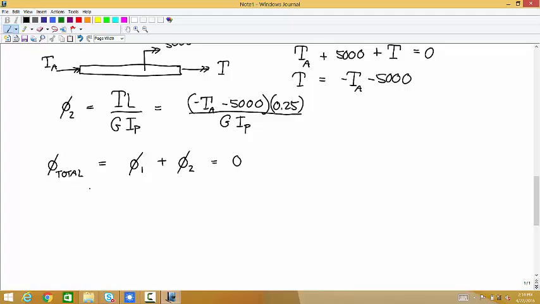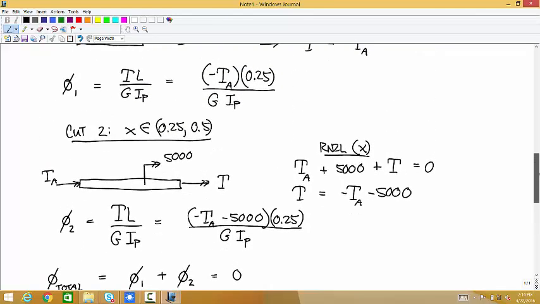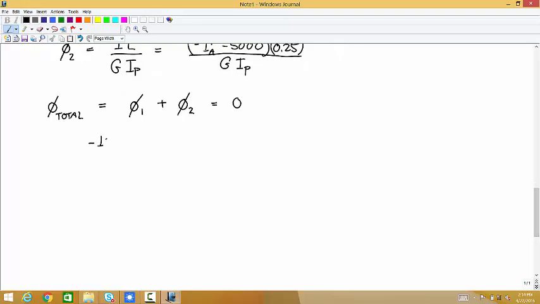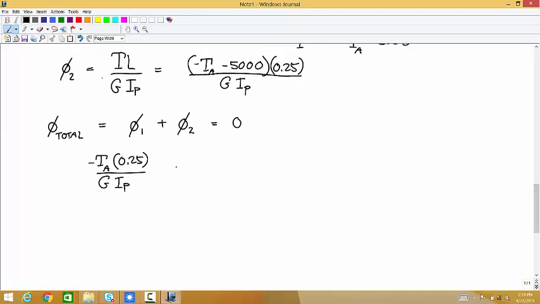So our first one said negative TA, so negative TA times 0.25 divided by G times IP, plus our second one, negative TA minus 5,000 times 0.25 divided by G times IP is equal to 0.